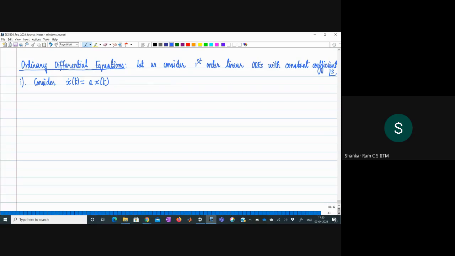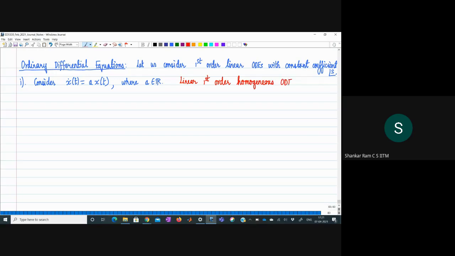If you consider a simple example, this is a linear first order homogeneous ODE.